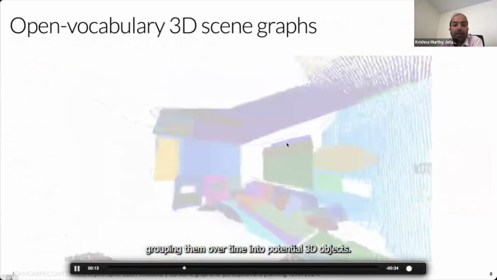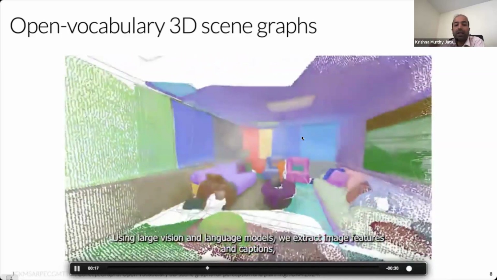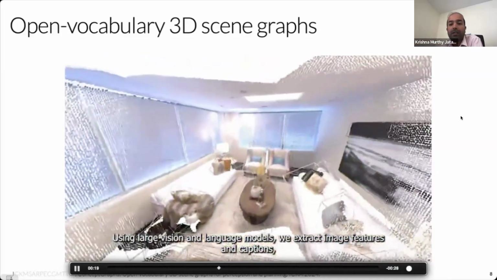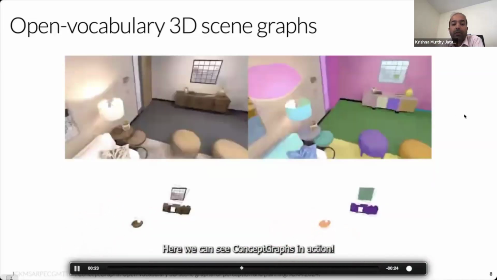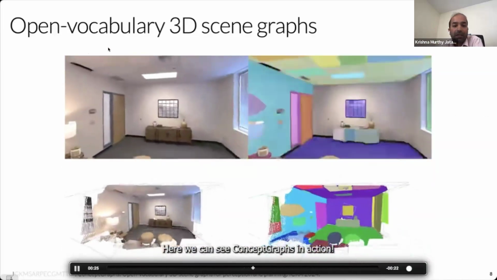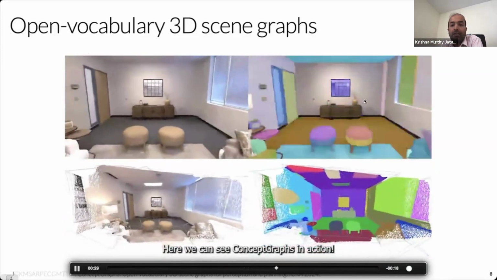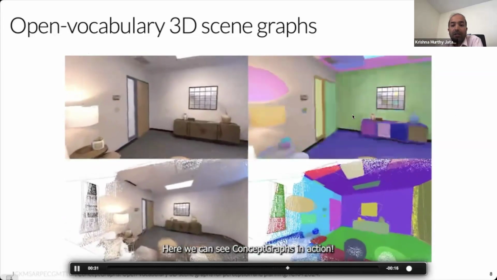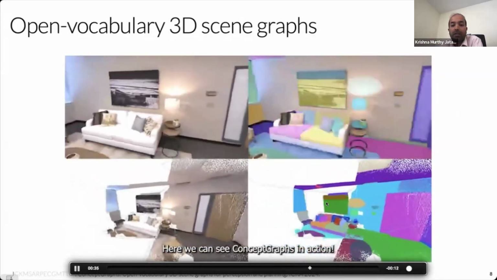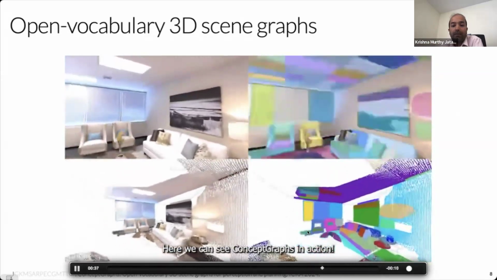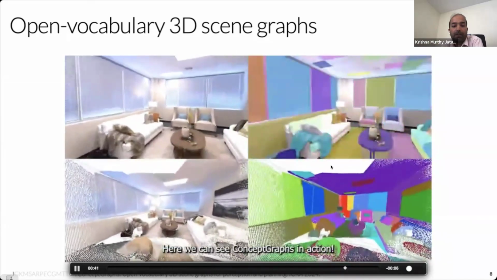Often these segments are over segmented, but if you run 3D mapping over time with semantic and geometric consistency criteria, you can organize these automatically into a bunch of meaningful objects. So what you see is, on the top left, the original input scene, and top right, the segmentation, and you can often see how the cabinet is over segmented or the sofa is over segmented. And then over time, we just reorganize it into a consistent object.